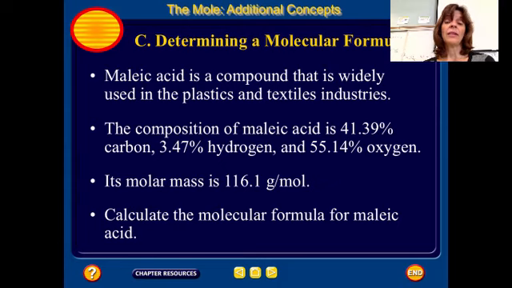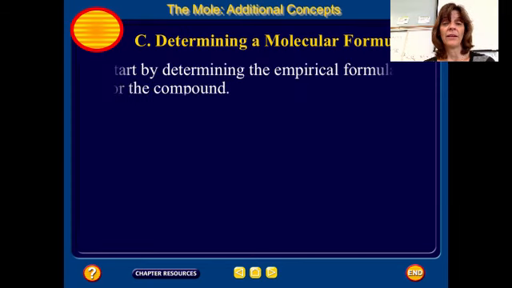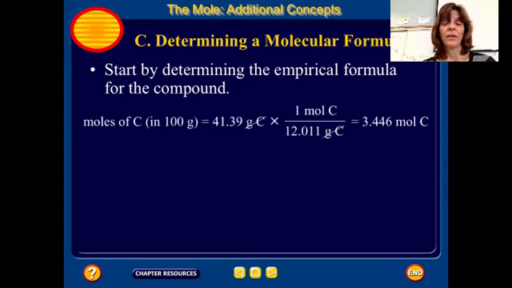To calculate the molecular formula for maleic acid, you need to first find the empirical formula of carbon, hydrogen, and oxygen based on those percent compositions, and then determine the multiplier that we need. So, first the empirical formula. I'm going to go through this a little more quickly this time.